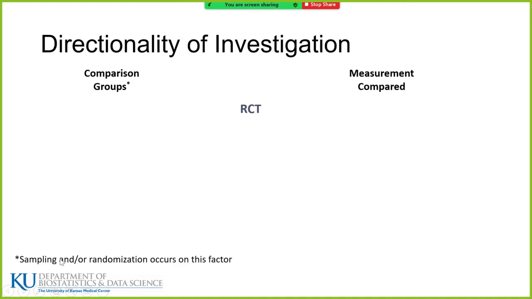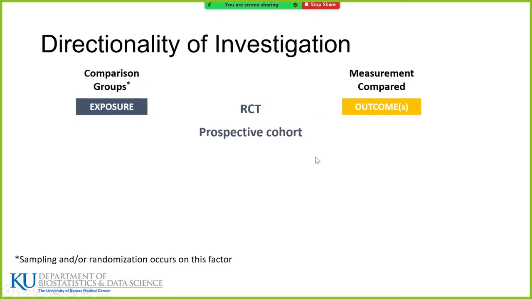So randomized controlled trials, we randomize based on the exposure. They either receive the intervention or they receive the standard of care. This is a forward directional investigation. Forward meaning we begin with the exposure and follow forward. In a cohort study, it's the same. For a prospective cohort study, we sample based on their exposure.